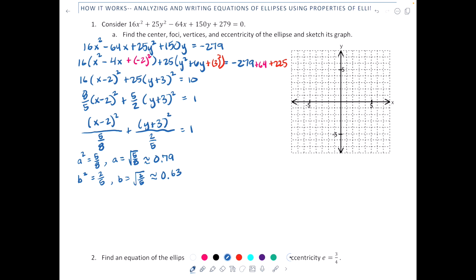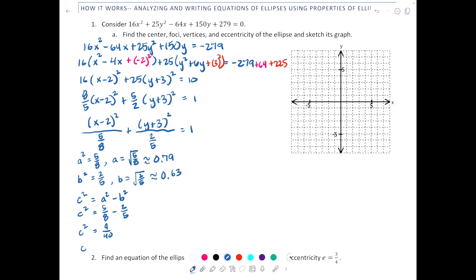Now we know that c squared is a squared minus b squared. So c squared is, we know a squared is 5/8, b squared is 2 fifths. And so c squared, if I get a common denominator, will be 25 minus 16, which is 9, all over 40.